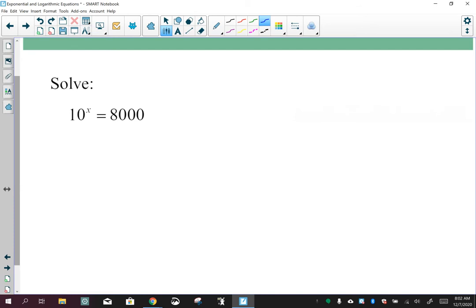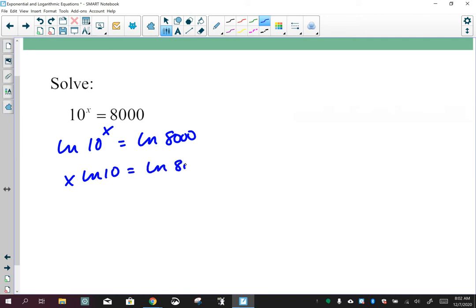So I'm going to say, all right, I get the natural log of 10 to the x is equal to the natural log of 8,000. Follow my property. That x comes in the front. And then I have that piece right there. And then I divide by that natural log of 10. So I wind up with this over that.